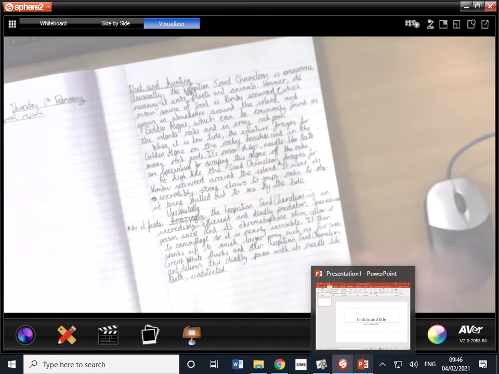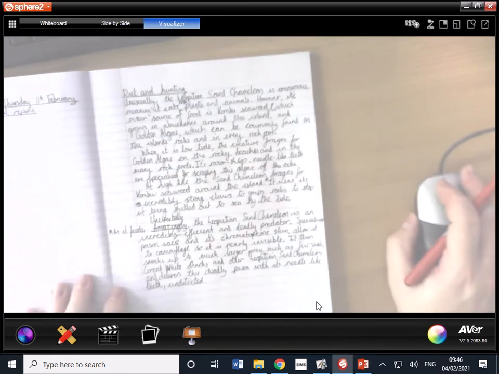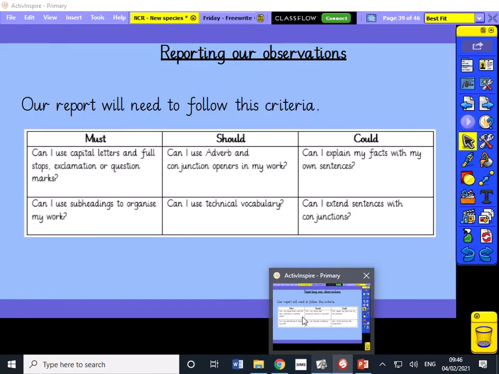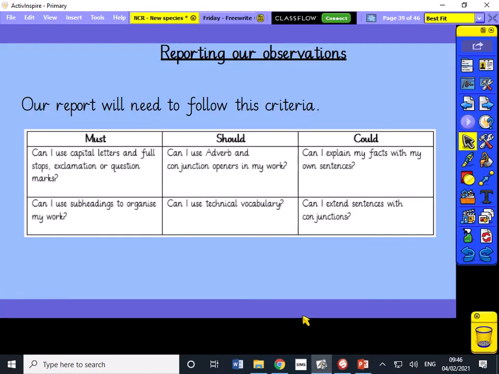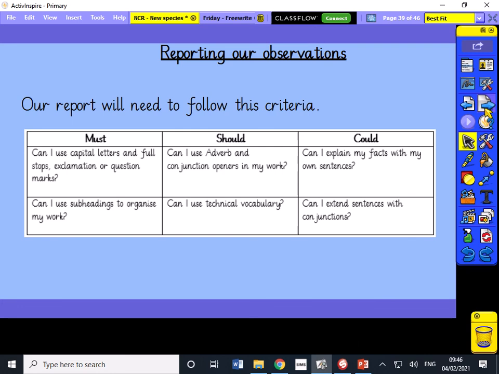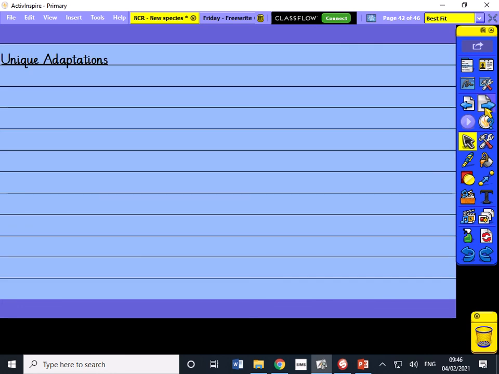Right, alright. So, what you will need to do today is write your section on diet and hunting. Obviously, I went to town there on that one, so you might write a little bit less than I've written. Just to remind you that you need to be getting all of these features in to make your writing as best as it can possibly be. Okay, and after you've written about diet and hunting, today you've got unique adaptations to write about as well.